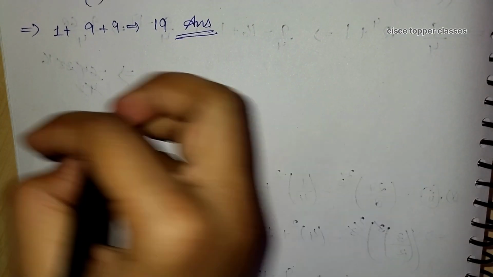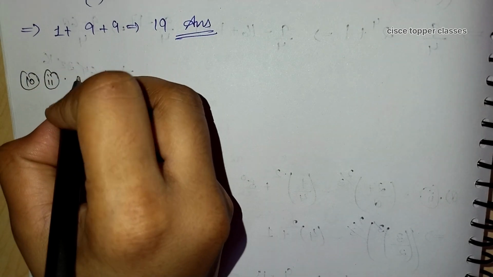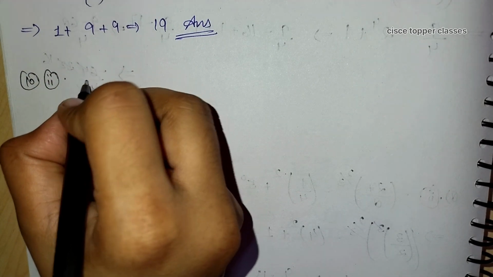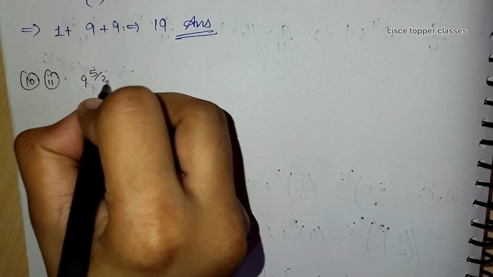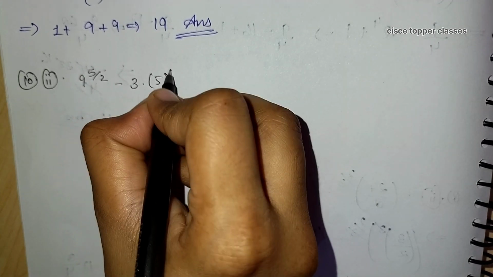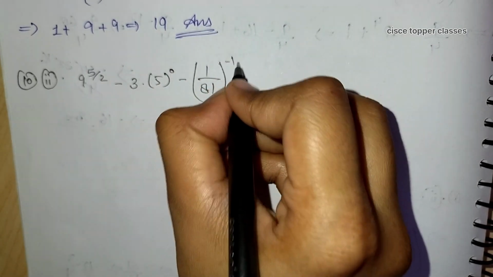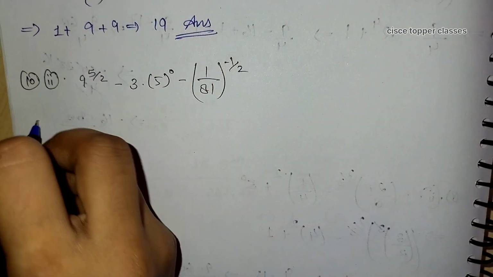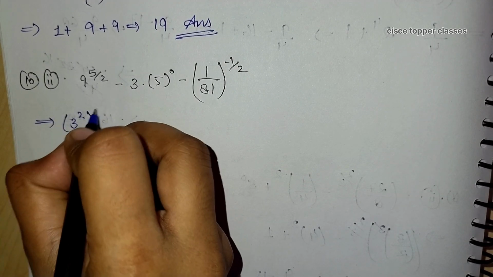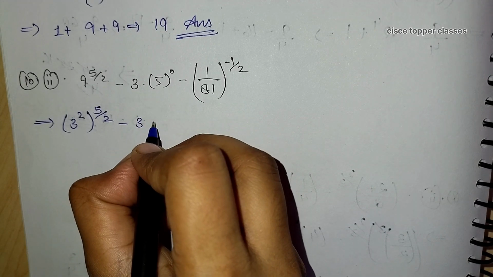Now let us solve the 10th second part here, which is 9 to the power 5 by 2 minus 3 multiplied by 5 to the power 0 minus (1 by 81) whole power minus 1 by 2. Here also we can write as (3²) whole power 5 by 2 minus 3 into 1 as 3.